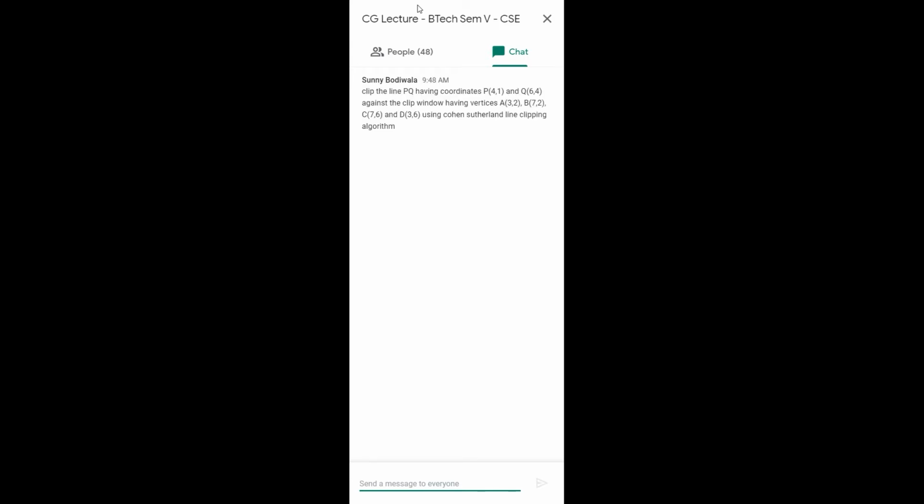Okay, so here is your numerical. Open your notebook and solve this. Tell me the intersection point that you are getting, and also plot it in your notebook.